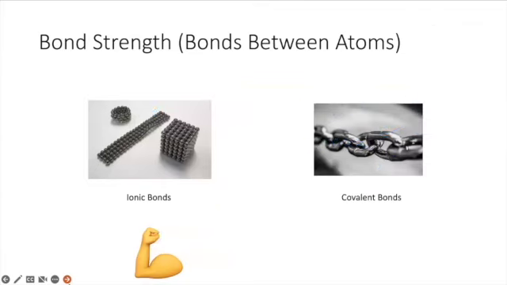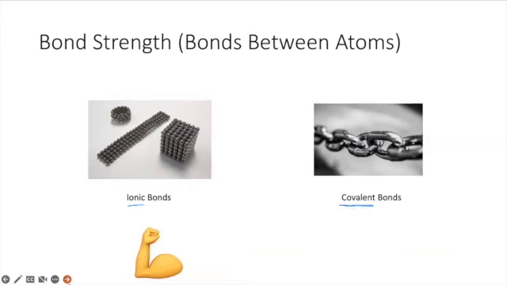Okay, so I have one more slide to end chapter 4. I found this slide very fun to make, because there's this hotly debated topic in chemistry: which type of bonds are stronger, ionic or covalent?